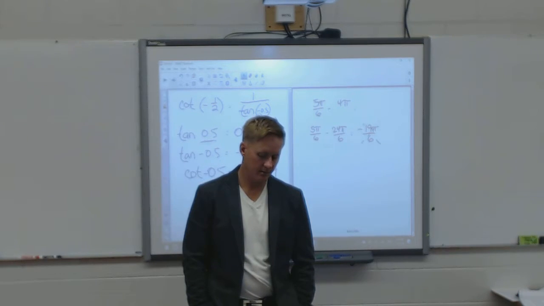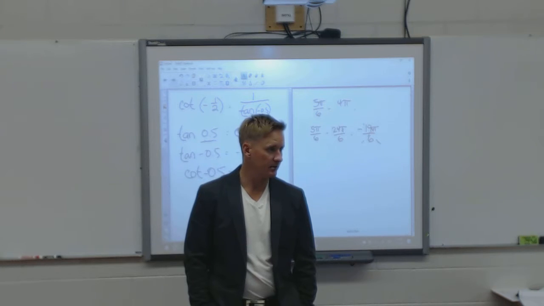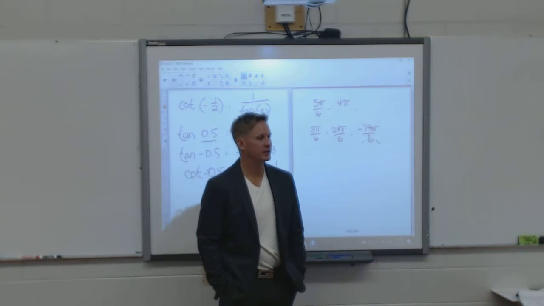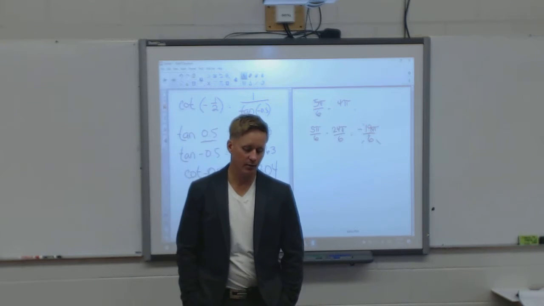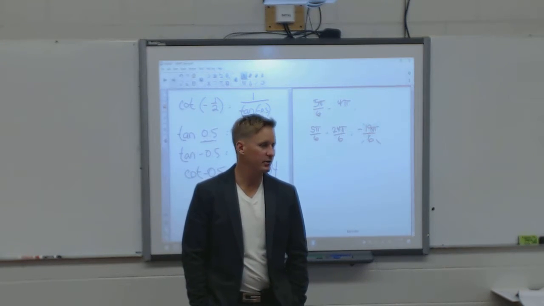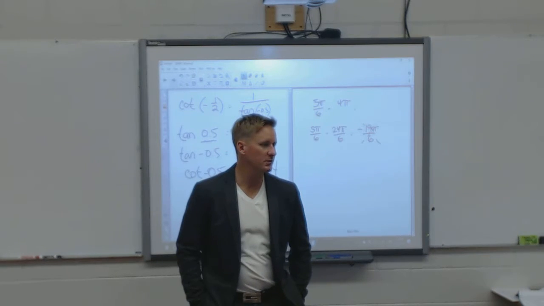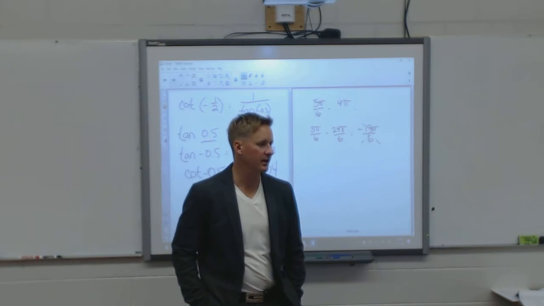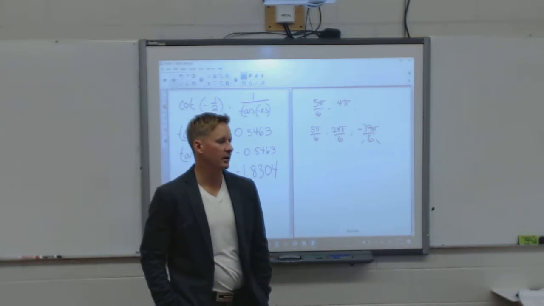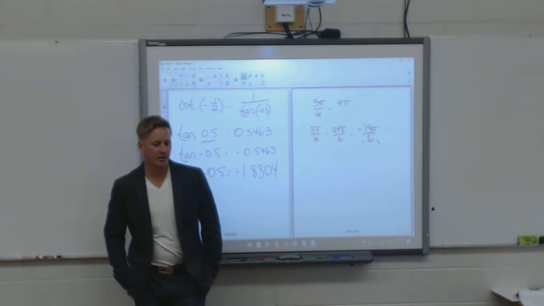In B, you're using degrees, so in B you'd have to switch it back to degrees because you're going to need your calculator. In A, you can do it without a calculator because secant of root 2 is the same as cos of 1 over root 2, which is root 2 over 2, and you know those angles from your unit circle. But the second one, you're going to have to punch into your calculator, so you need to change it to degrees.